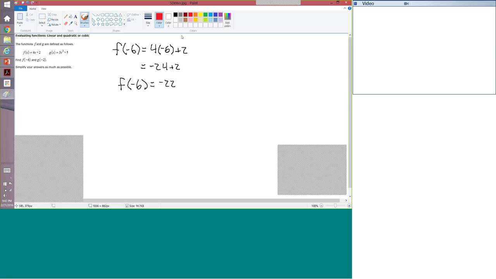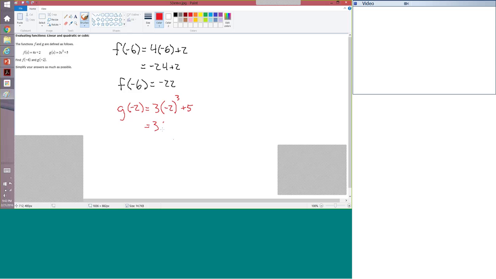For our g function, we're going to do g of negative 2. That's going to be equal to 3 times my x, which is negative 2 in this case, cubed, plus 5. And our order of operations says that we need to deal with this exponent up here first. So we have negative 2 cubed is going to be negative 8.